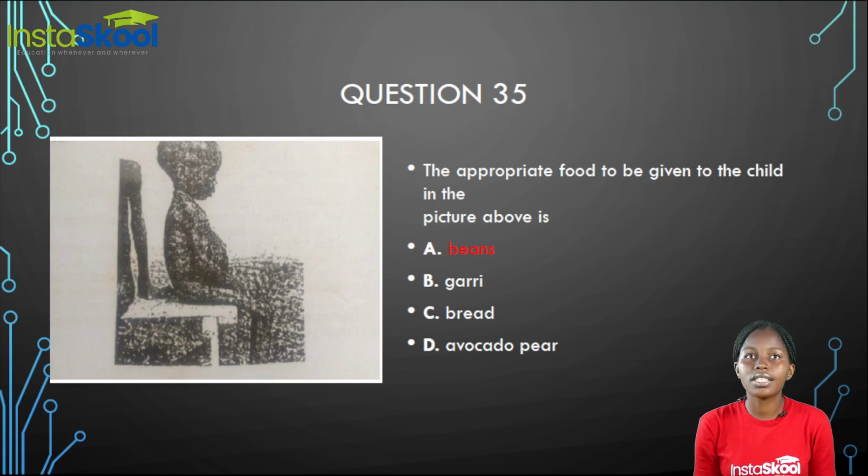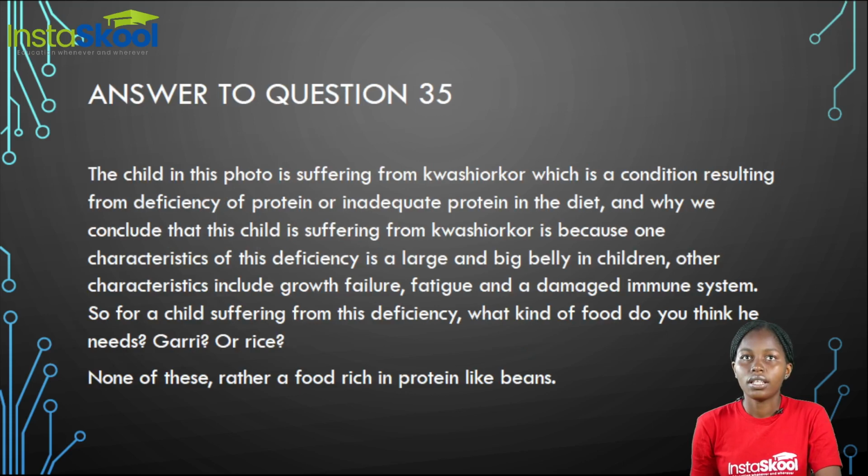Well, if you can see the diagram, it shows a child with a protruding tummy and a swollen head. This child is suffering from a sickness known as kwashiorkor. Kwashiorkor is a condition that results from deficiency or inadequate protein in the diet.